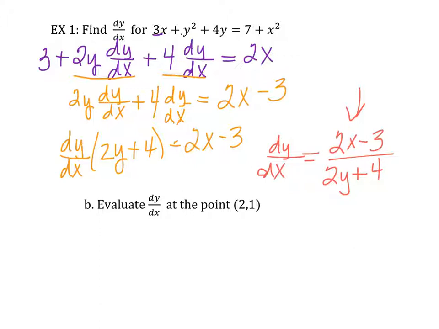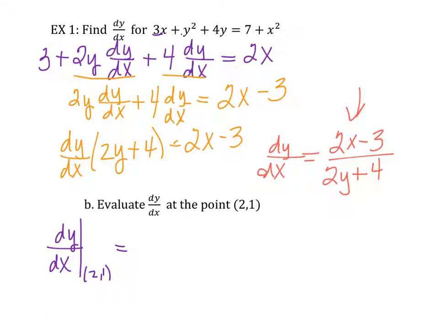So the next part says evaluate dy/dx at the point (2, 1). Well, let's look at the notation. This notation is very, very important because remember, you can't just fill in like a parentheses. So I want you to see this notation. If I'm evaluating dy/dx at a particular value, I say evaluate, so I put it there, and I put (2, 1), meaning I'm evaluating dy/dx at (2, 1).